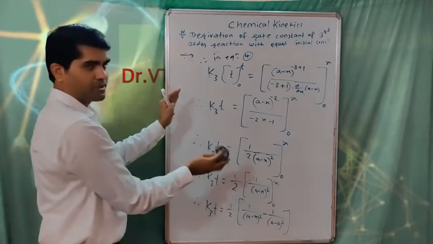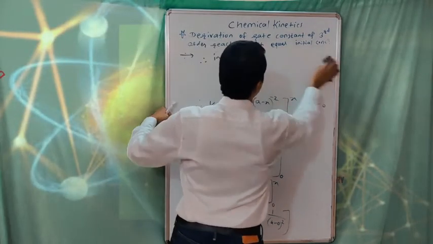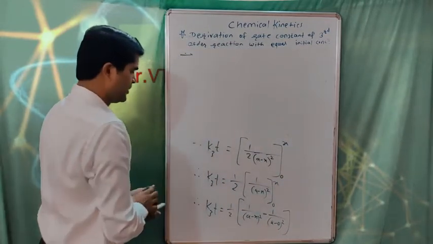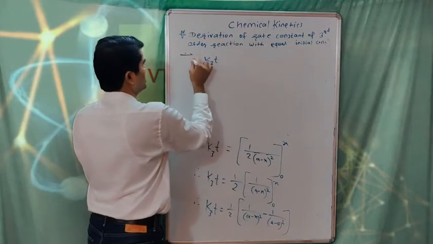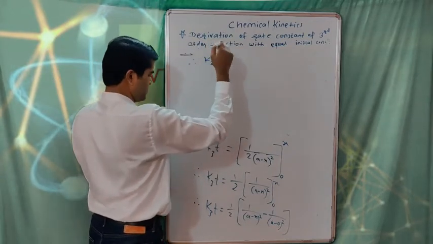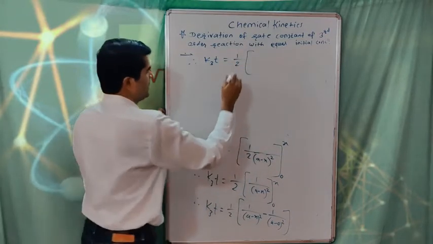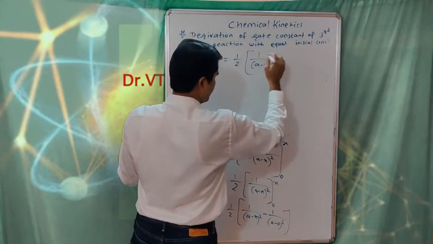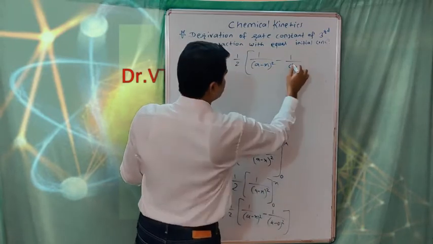Therefore up to here note properly and go ahead. So k3 t is equal to, simplify this one, therefore k3 t is equal to 1 upon 2 into 1 upon (a minus x) bracket square minus 1 upon (a minus 0), that is a, so a square.